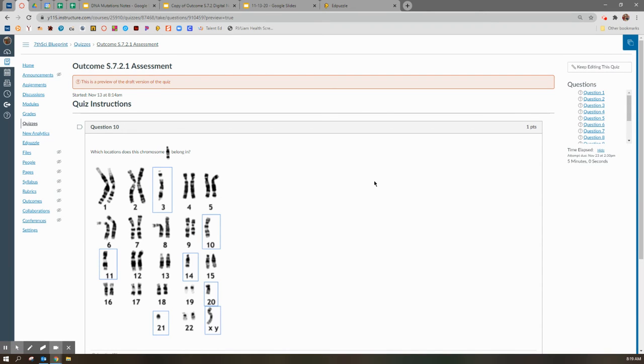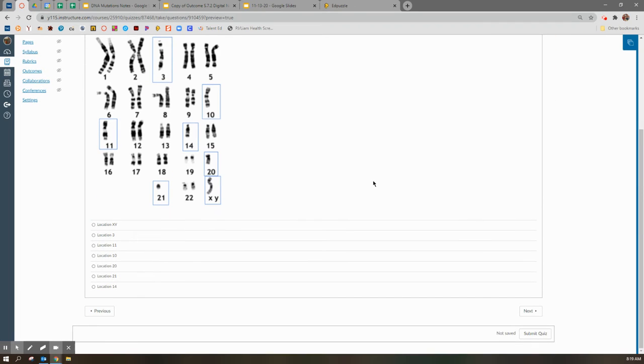Question 10. Which location does this chromosome belong in? Is it location XY, location 3, location 11, location 10, location 20, location 21, or location 24?